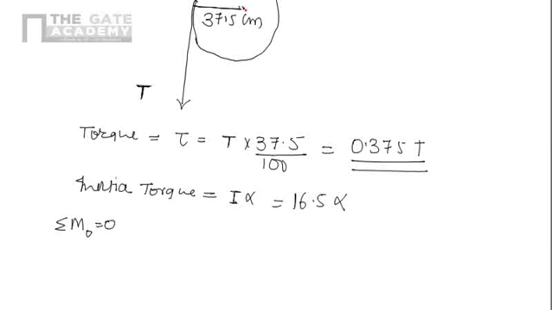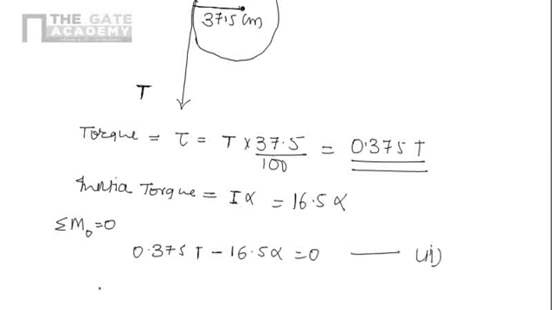From that I can write 0.375 T minus 16.5 alpha equals 0, because here I am considering the external torque and here the inertial torque. Similarly, like F minus ma equals 0, here I have T minus inertial torque equals 0. So this is equation number 2.